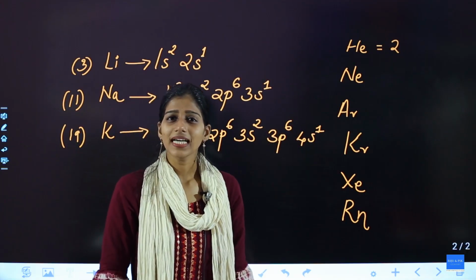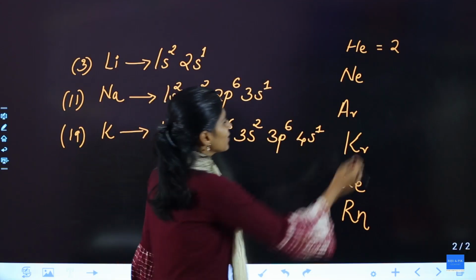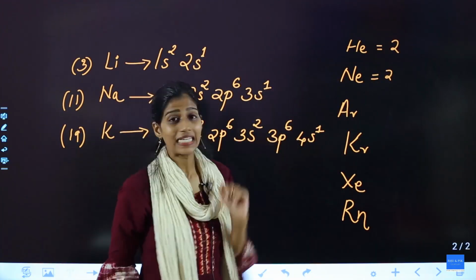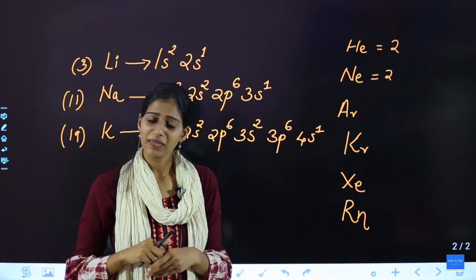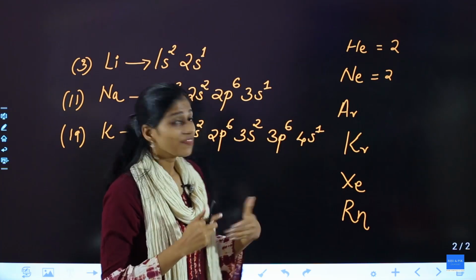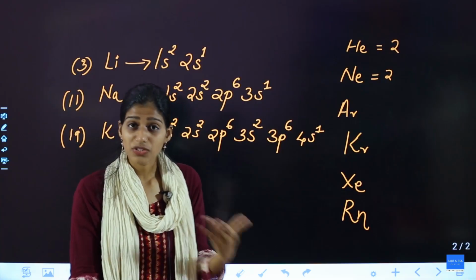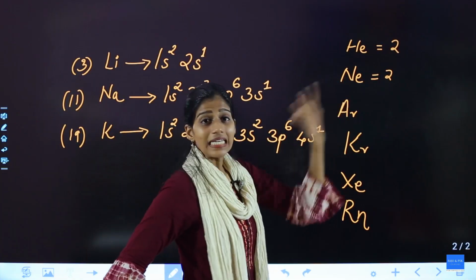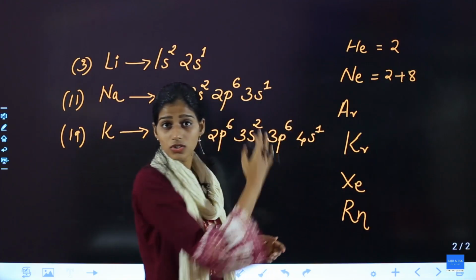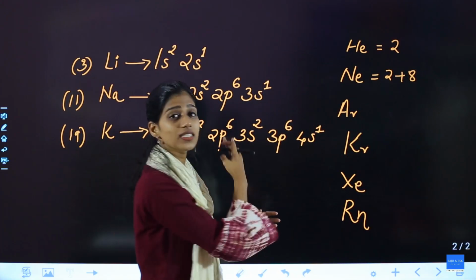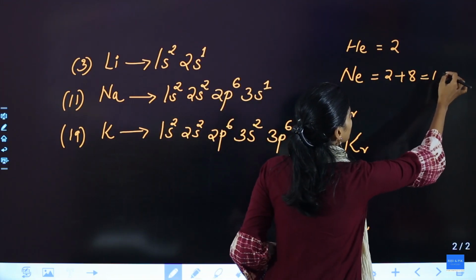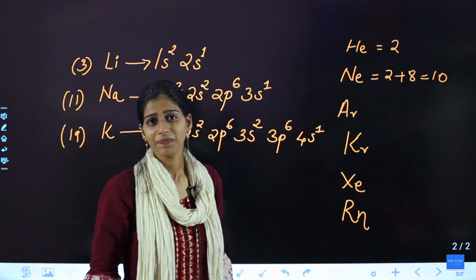You need to consider the atomic number of neon. After helium you have the second period. What is the number of elements in the second period? It is actually 8. So, after helium, the next 8th element is neon, because always noble gases come at the end. So, the atomic number here is 10.